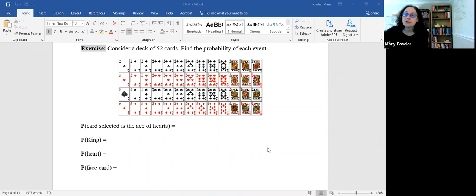Okay. And the other standard experiment we all have to be comfortable with is the idea of cards. Now, I know that you guys had a lot more games to play than I did, so maybe not everybody played with cards. But if you haven't played with cards, I have illustrated here a deck of cards. There are 4 suits: clubs, hearts, spades, and diamonds. Each suit has an ace, and then 2 through 10, jack, king, and queen.